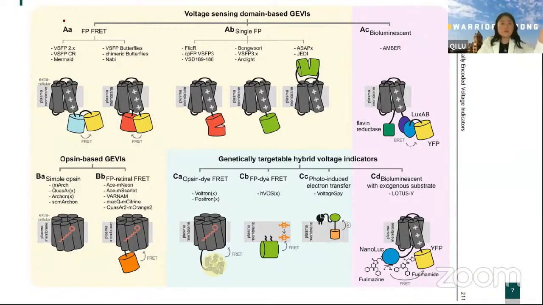So for group A, it's generally coming from potassium channel Kv2.1. Those four transmembrane domains are for sensing the voltage change. But another group is the opsin-based GEVIs.